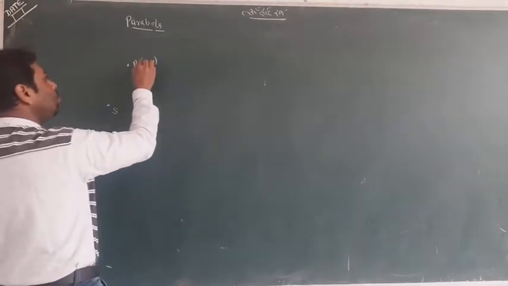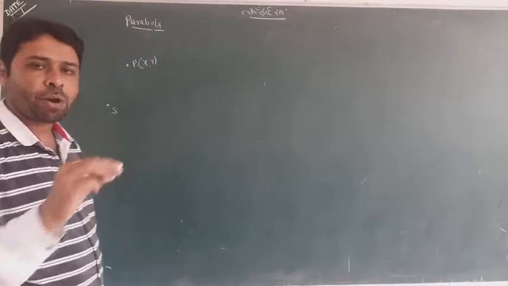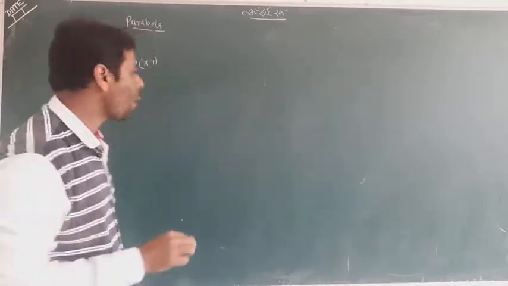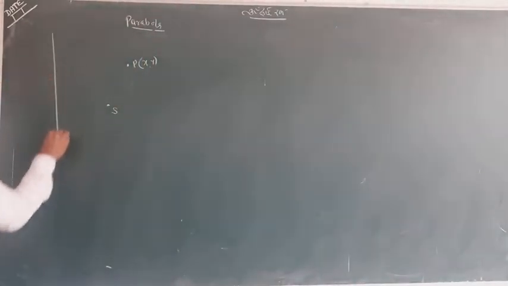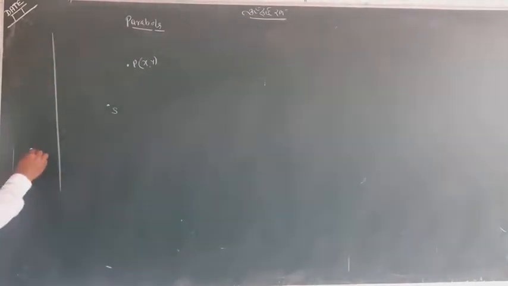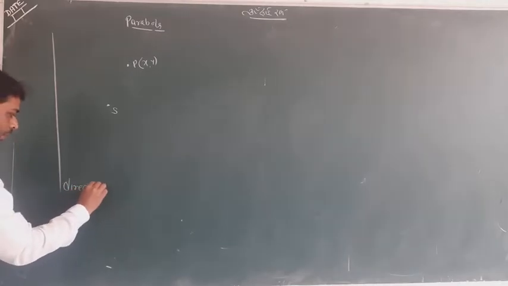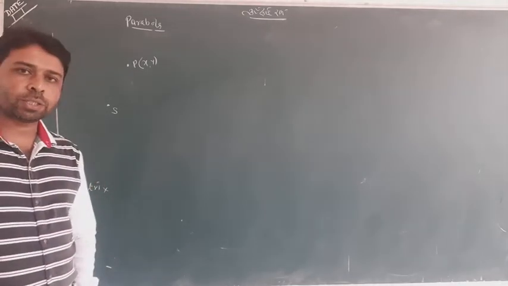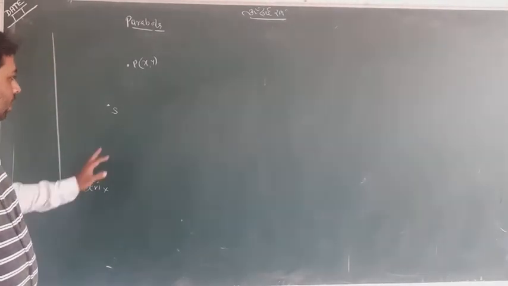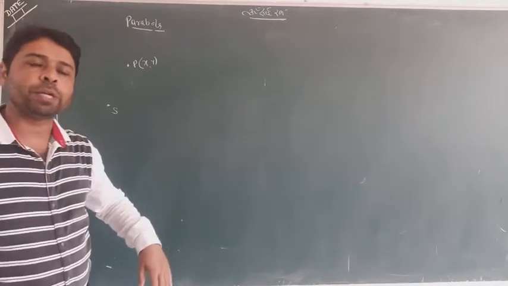So P is a moving point, a variable point. S is a fixed point, we say it is a focus. And this is the line, a fixed line called a directrix. So remember three words: this is my directrix, this is the focus, and this is the moving point P.